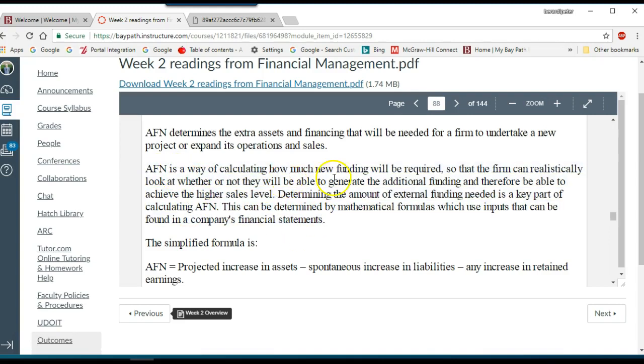AFN is a way of calculating how much new funding will be required, so that the firm can realistically look at whether or not they will be able to generate additional funding and therefore be able to achieve higher sales value. Determining the amount of external funding needed is a key part of calculating additional funding needed. This is exactly the approach for the case study. It's right here in your notes.